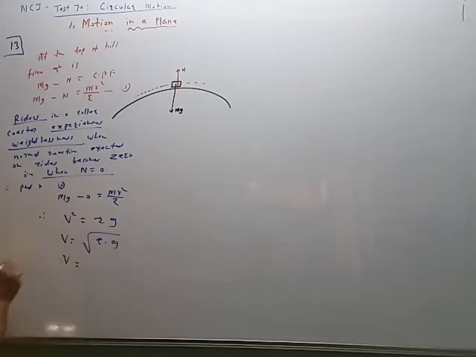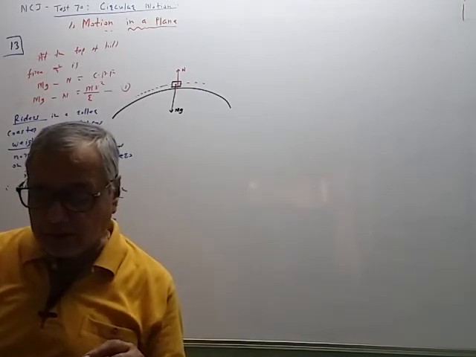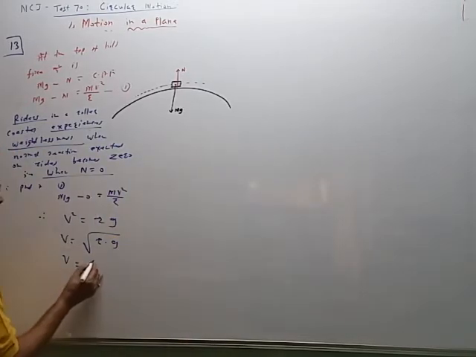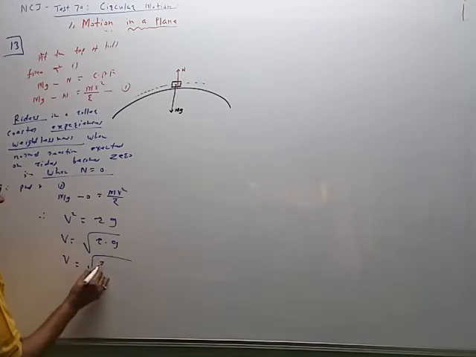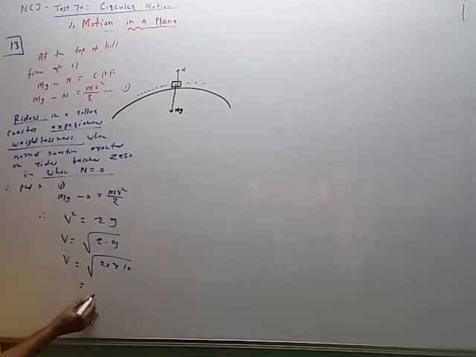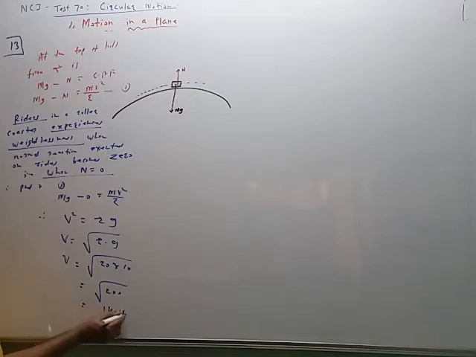So radius is given 20 meter, multiplied by 10. So this is equal to under root 200, and this is equal to 14.14 meter per second.